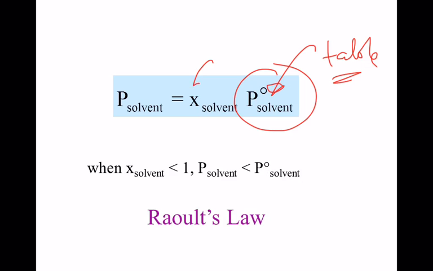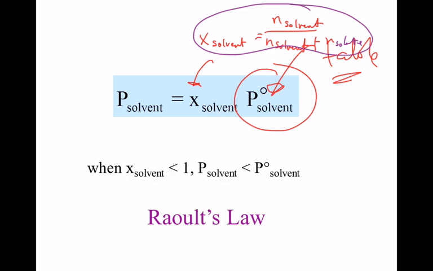Of course, we talked about how you get mole fractions of solvent. If you only have two components, that's going to be the moles of your solvent divided by the moles of your solvent plus the moles of your, I'm running out of solute. Okay, we can do that. Not too bad.